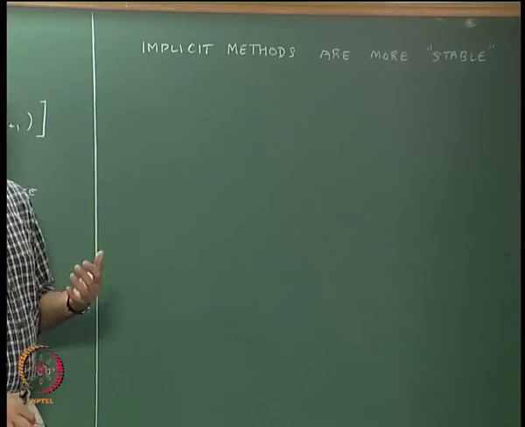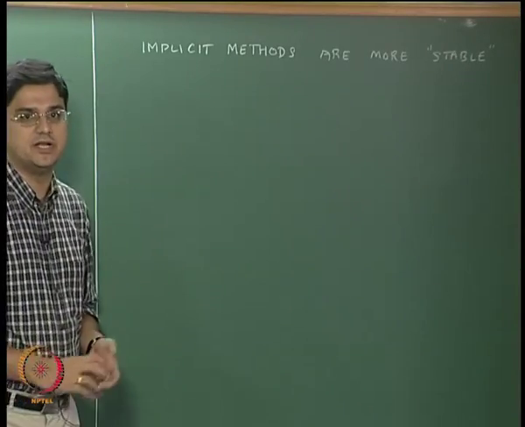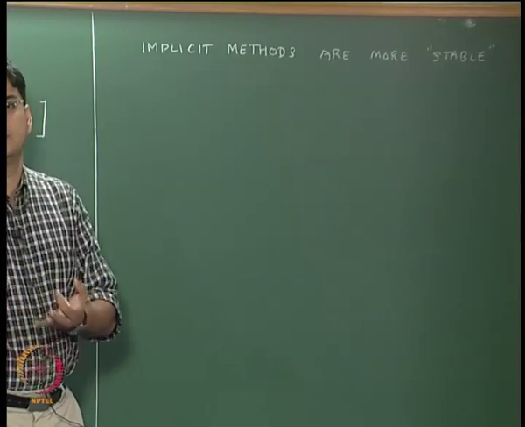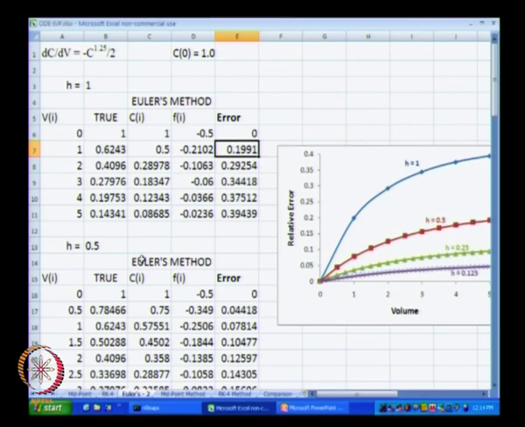The question is, what do we mean by stability? So let us again go back to Microsoft Excel and try to see what we actually mean by stability. What I have done over here is, from the same Excel sheet that we have been looking at in the past few lectures, I have opened up the same Euler's explicit method sheet.